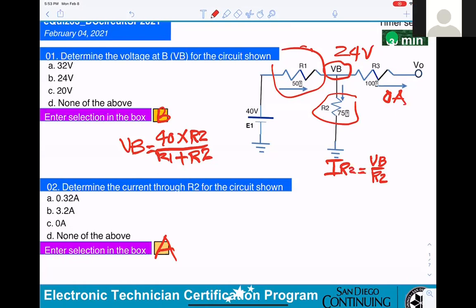So in the voltage divider rule, you didn't add any of the other resistances because they're not interacting with VB, correct? R1 and R2? Yeah, the thing is the current will go this way. So that's why you don't care about R3.